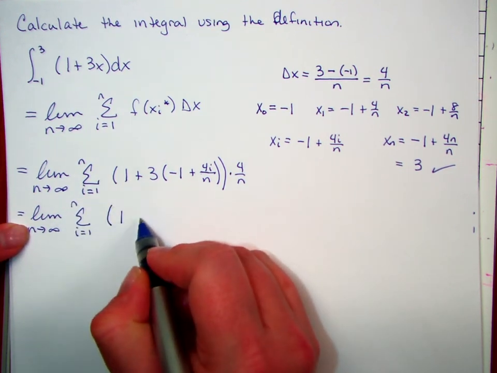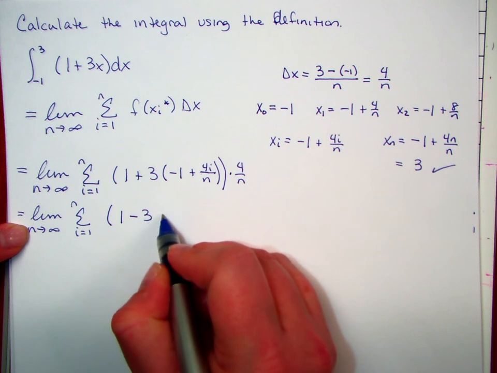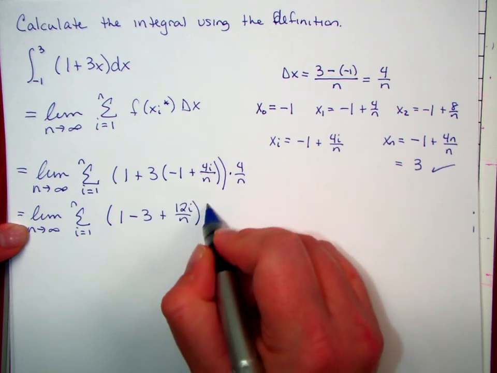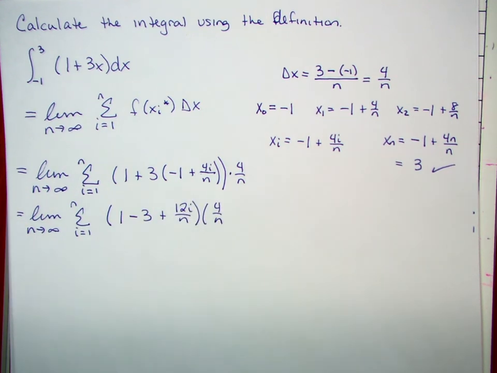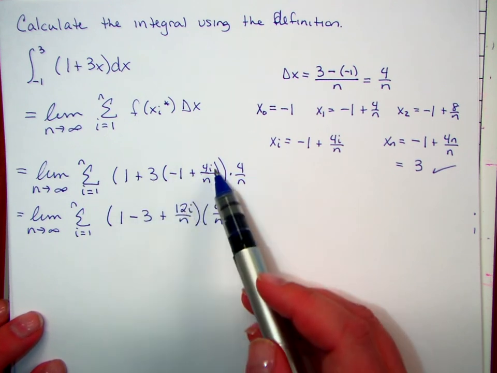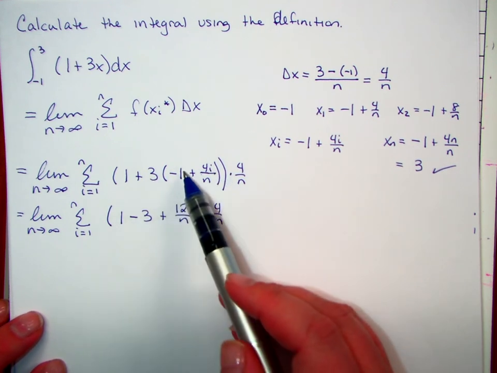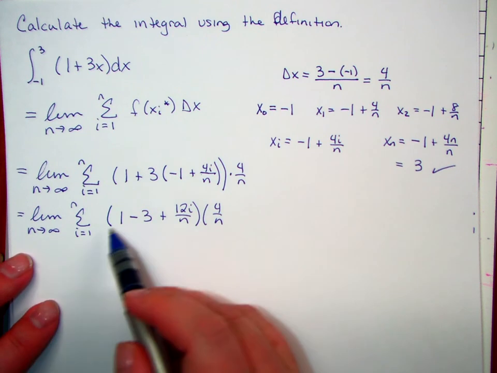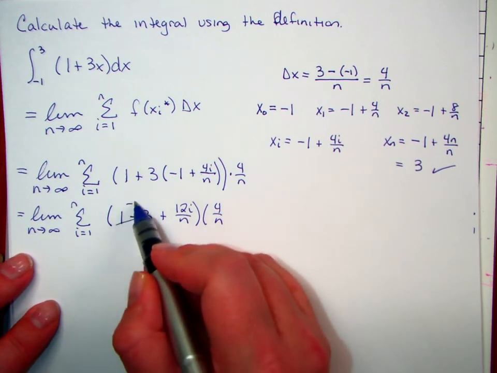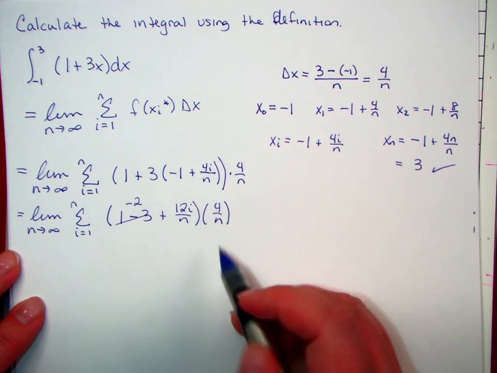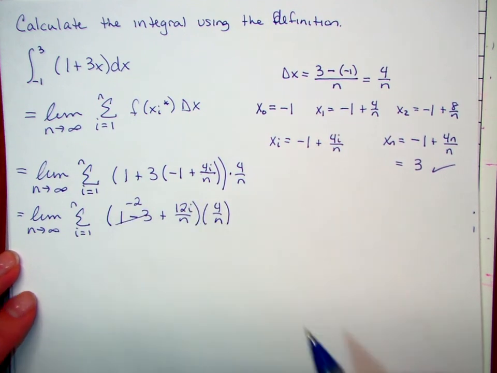So I'm going to do 1 minus 3 plus 12I over n times 4 over n, right? So first distribute the 3. Okay, 3 times negative 1 is negative 3. 3 times 4I over n is 12I over n. So this I can add together to get negative 2, all right? So I have negative 2 plus 12I over n, and now I need to distribute the 4 over n to both of those.